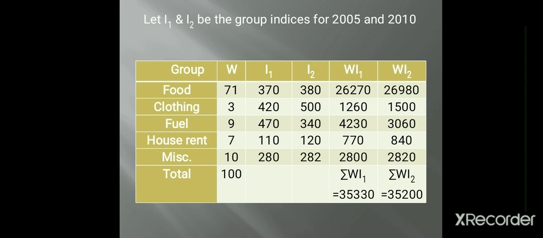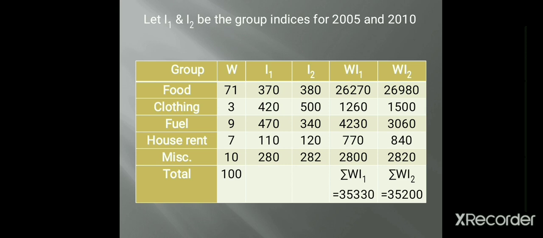The next step is to find WI1 values for the construction of consumer price index for the year 2005, and WI2 to find the consumer price index for the year 2010. Now we opt for the next column heading WI1. Here multiply W column values with their corresponding I1 column values.